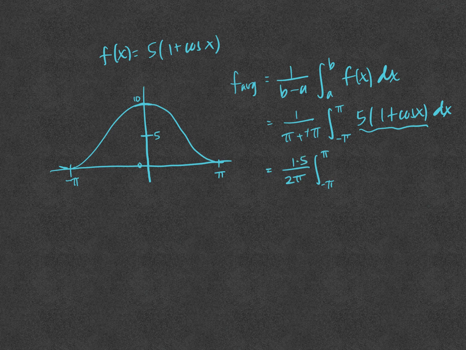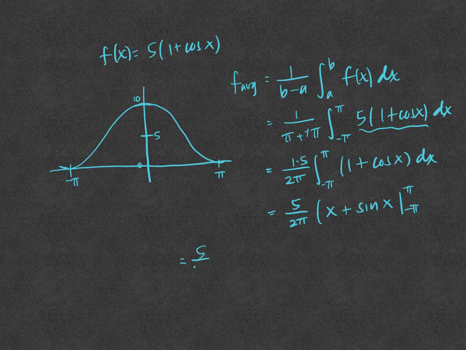So we're going to say 1 times 5, and then we have 1 plus cosine of x dx. So now we have 5 over 2 pi, and when we integrate 1 with respect to x, we get x, and when we integrate cosine with respect to x, we get positive sine of x from negative pi to pi.